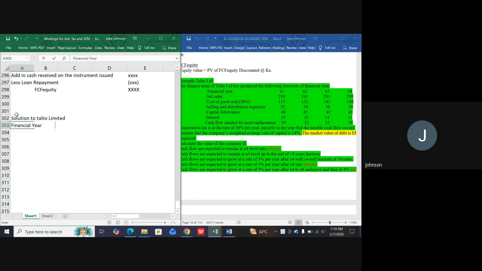Then we shift, and here we have X1. Okay, let me leave it like this. Oh, there's nothing here, so let me delete it from here.